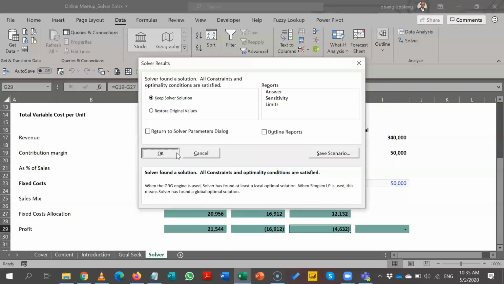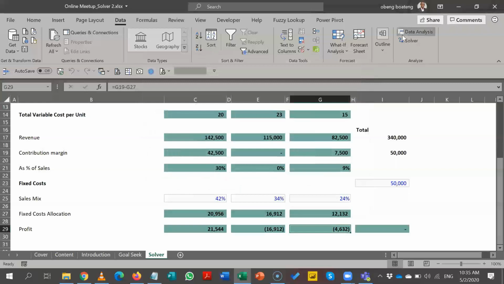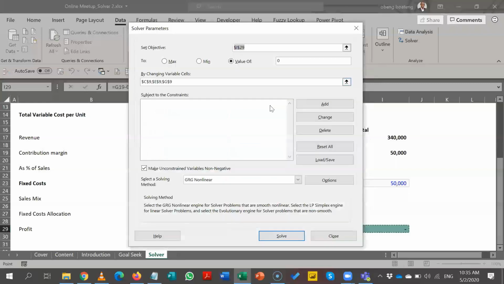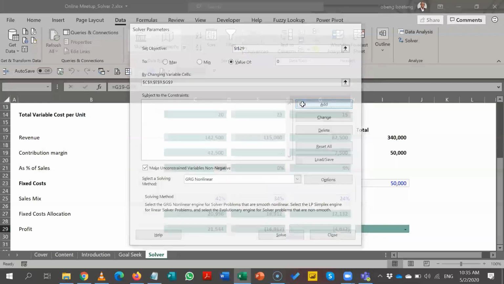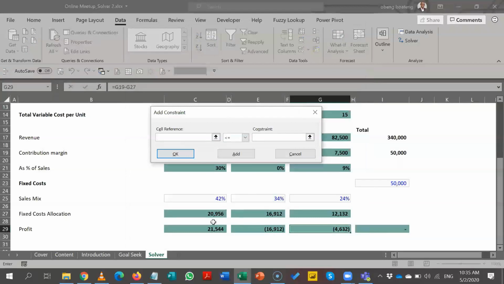Now, we come back here and then we add a constraint. The constraint is that in solving, C29 should be equal to 0. Add. This E29 should be equal to 0. Or if you like, you can even amend it and say it should be greater than or equal to 0.